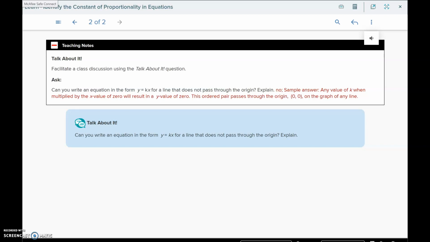Remember, any 0 times anything is 0. This ordered pair passes through the origin 0, 0 on the graph of any line. So if we were to look at the graph, 0 times 0 is always 0. And so we're going to look at how y and x, we can use these to graph things as well.